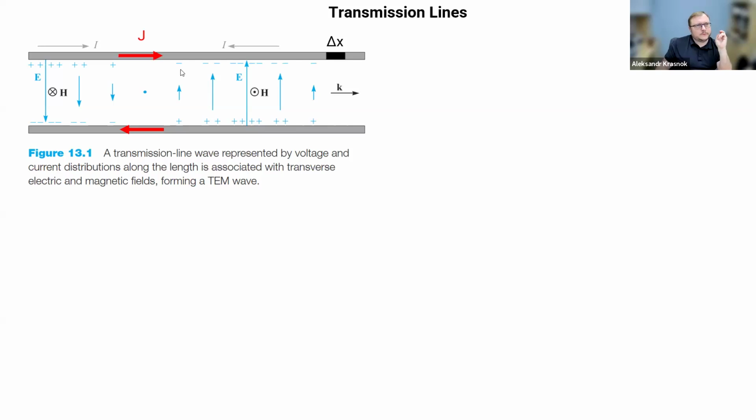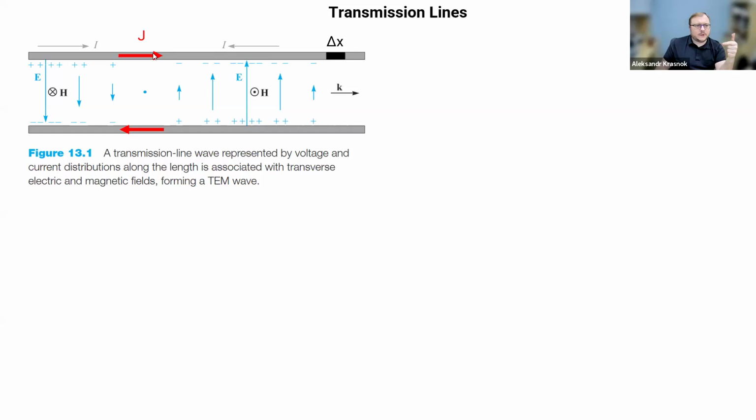So what is this wave guiding mode? If you consider a local area of this transmission line shown here in red, the upper wire supports current, and let's say at one time instant this current goes from left to right.